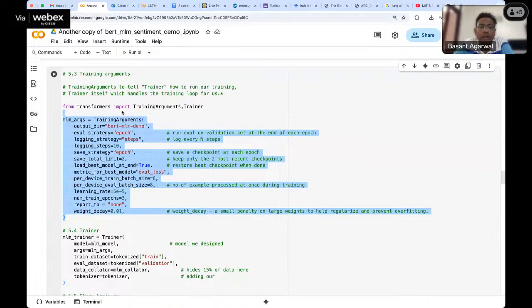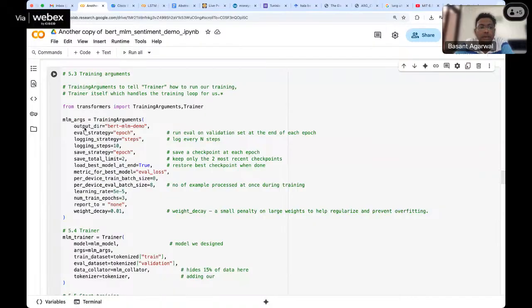Okay, so these are the parameters. Let's see them. First is the output directory, which will save all the checkpoints and the data on the drive. Then the number of epochs, and what the validation set is at the end of this.